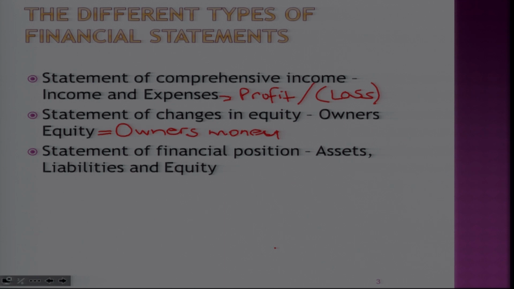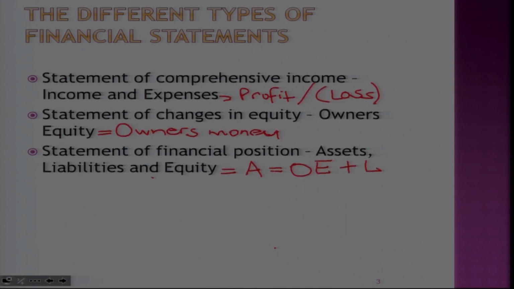And then we have the statement of financial position. In this statement, we only work with assets, liabilities, and equity. For this statement, we want to make sure our assets, which is the money that we own, is equal to our owner's equity, which is the owner's money, plus the liabilities, the people that we owe. Previously, we spoke about solvency.